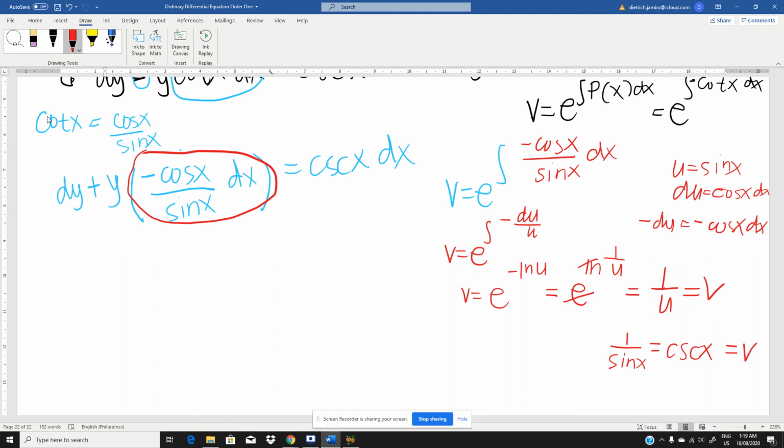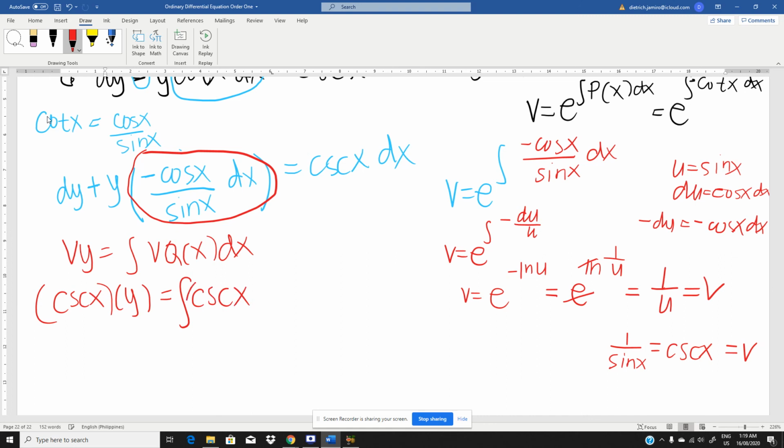So substituting this into our formula, vy is equal to integral of v times q of x dx. So we will have our v, which is cosecant of x, multiplied by y is equal to integral of our v, which is cosecant of x, multiplied by our q of x, which in this case is cosecant of x dx.